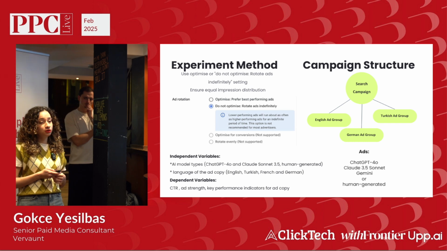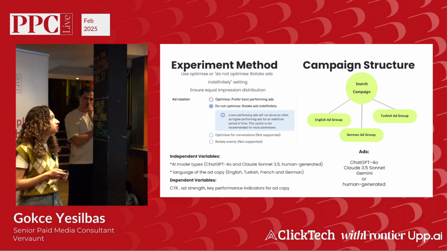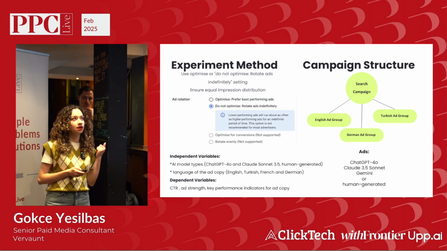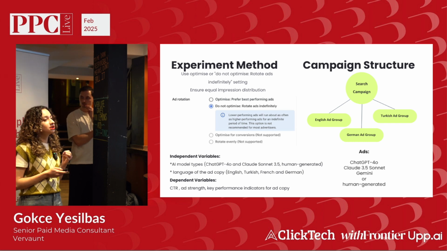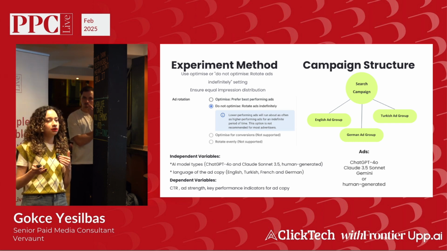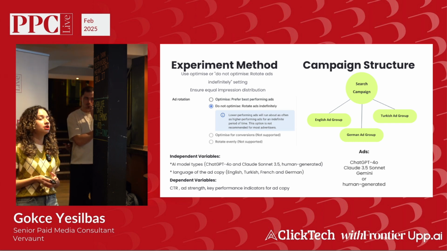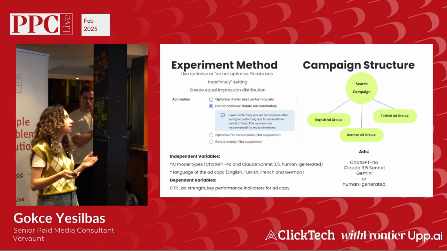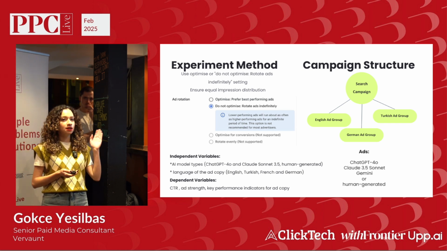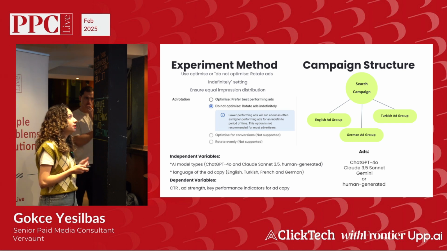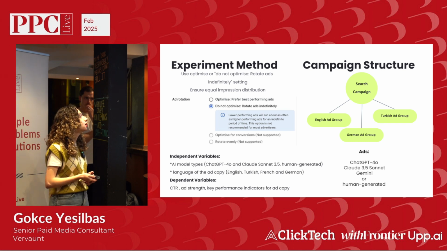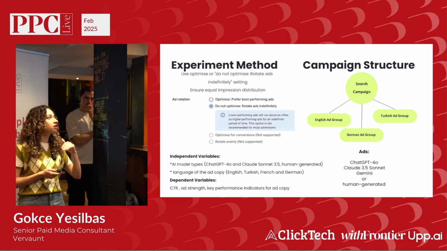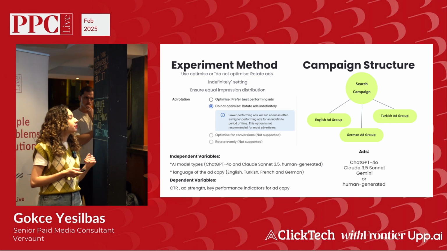If you are not using smart bidding strategies, you can set your ad rotation to do not optimize to ensure equal impression distribution. But if you are using smart bidding strategies, you can also select ad rotation as optimize.